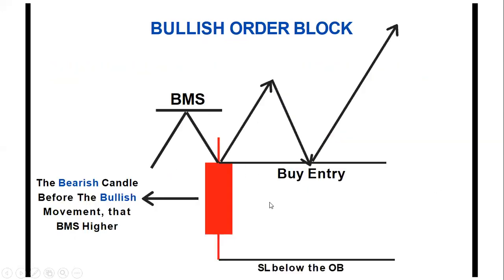Yes, this has caused a break of market structure, and we'll be expecting to see the price retracing to the downside where this order block is, and we'll be buying there, stop loss below the OB, and take profit above the high.